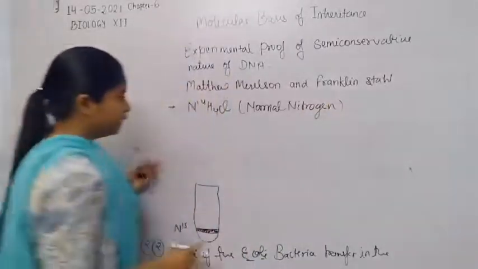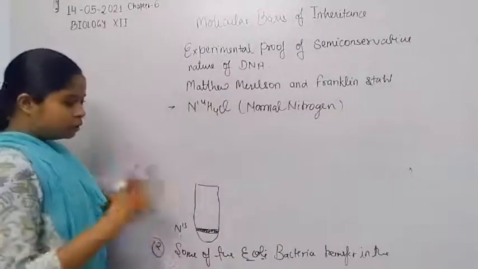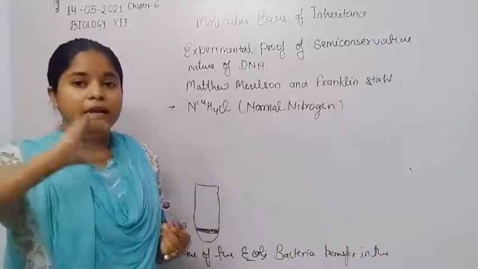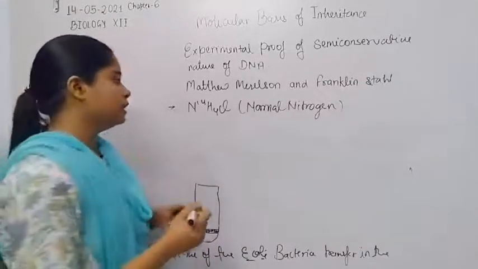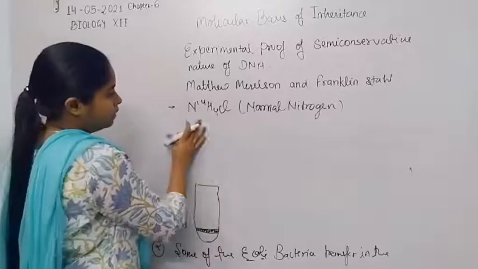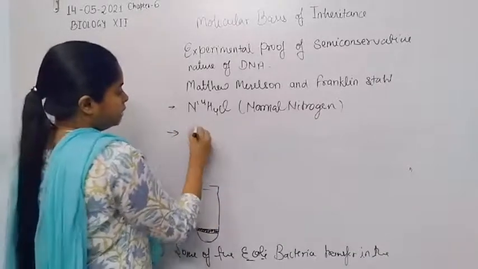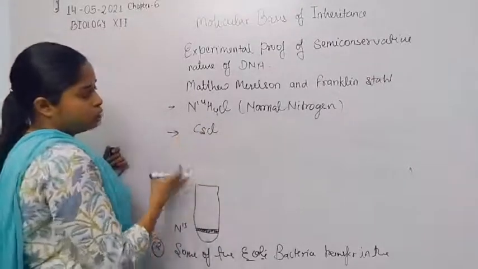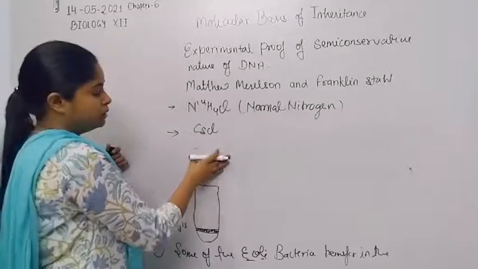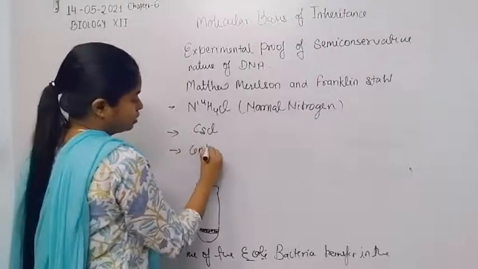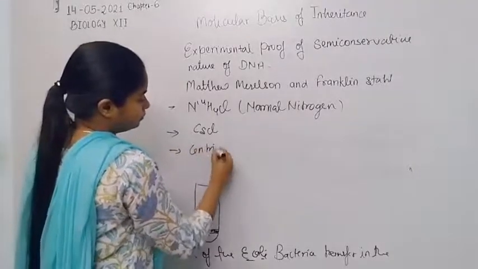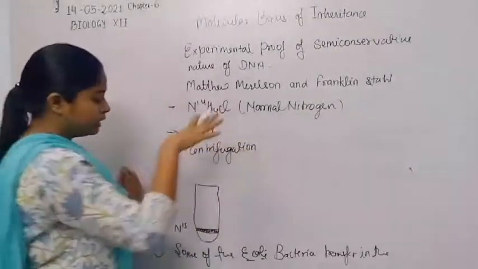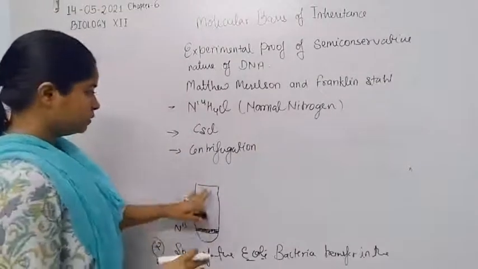After 20 minutes, they again reproduce, or undergo replication. Then, with the help of cesium chloride, they isolate or separate the DNA molecule from the bacteria, and apply the centrifugation process.